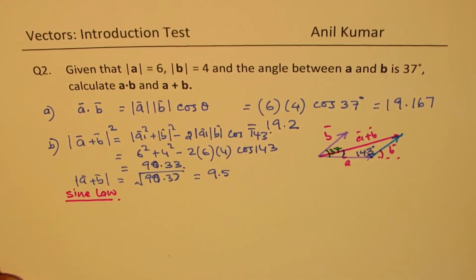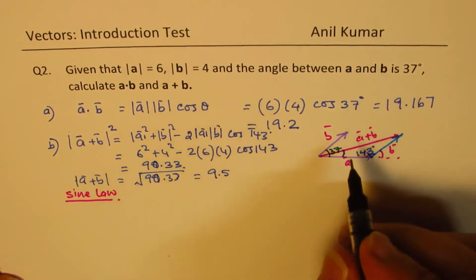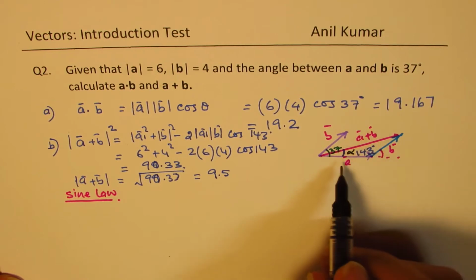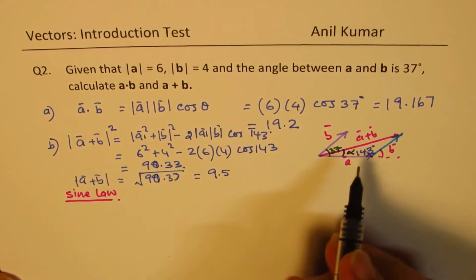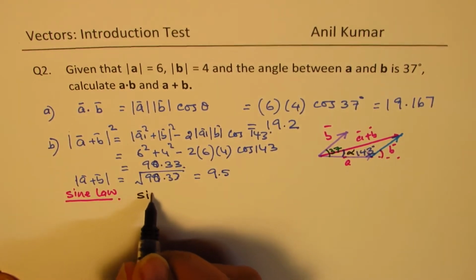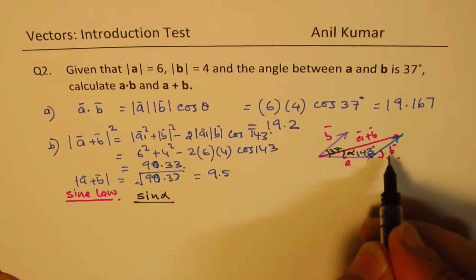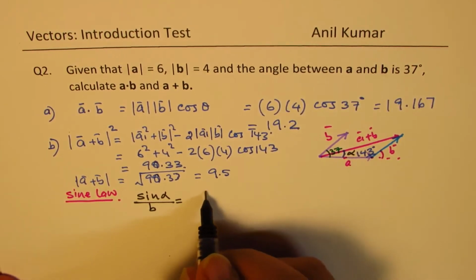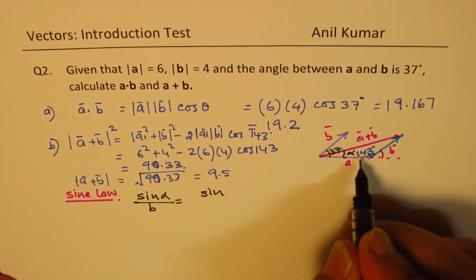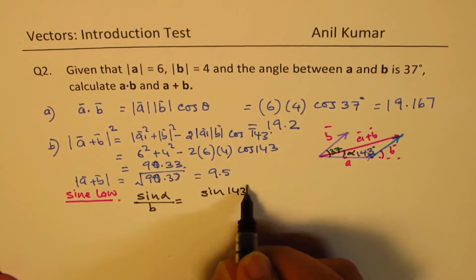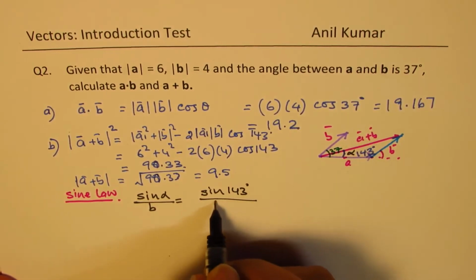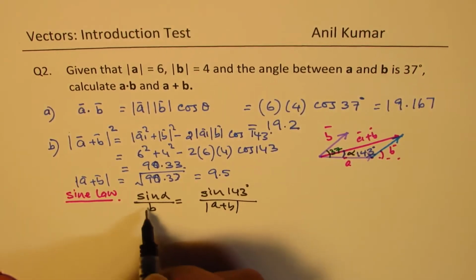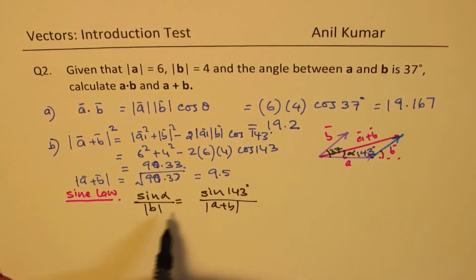Okay. So let us say that we now calculate the angle alpha which the sum makes with side A. So in that case, sine alpha over side B, this side B, should be equal to sine of angle 143 degrees over the magnitude of A plus B, right?